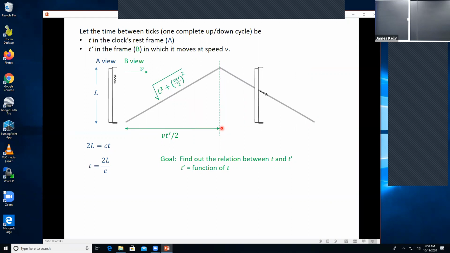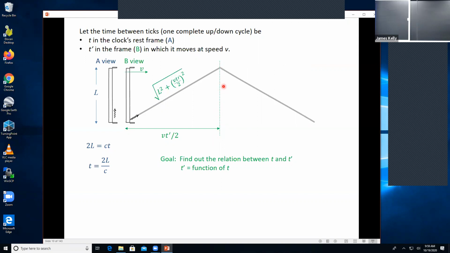Now, we worked hard on Friday, and here we're going to use the result that we got on Friday, that if this distance is L in the frame in which the clock is not moving, then when the clock moves in the manner we're showing here, this distance is still L. It's not shrinking along that direction. That's one reason why Merman bothers to prove that kind of uninteresting result first. It's being used in this derivation.